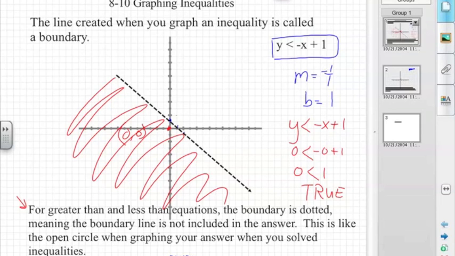If you were to pick a point above the line, it would not work. So if we were to pick 4, 0, which is this point right over here, you would see that it doesn't work. But we've already selected 0, 0, the origin, and it works, so we don't need to check anymore. It's very nice like this.